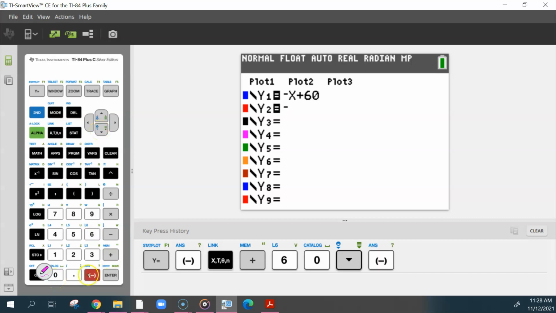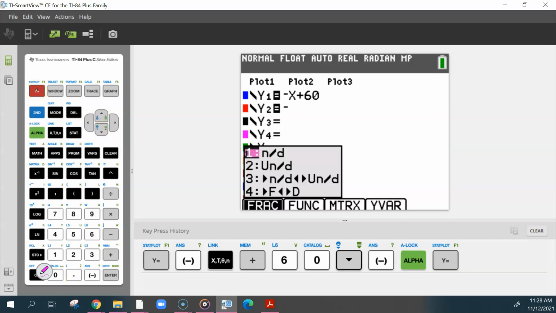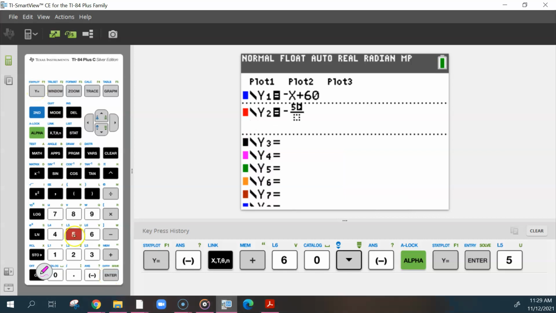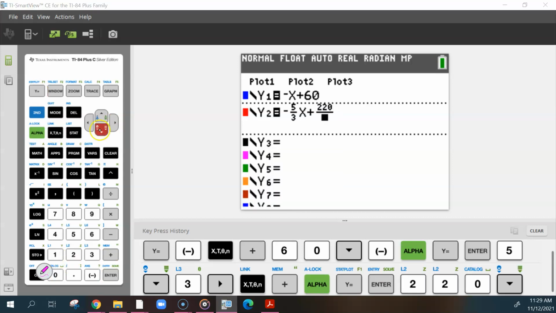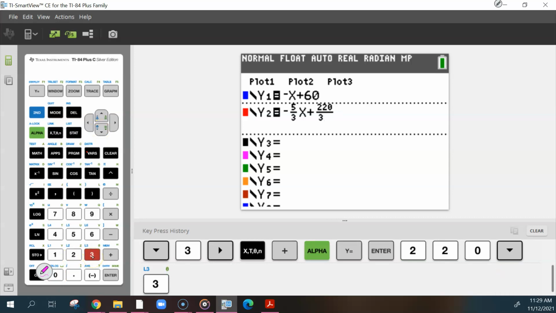And negative, use your alpha y equals to get your fraction, 5/3 x plus, alpha y equals again.